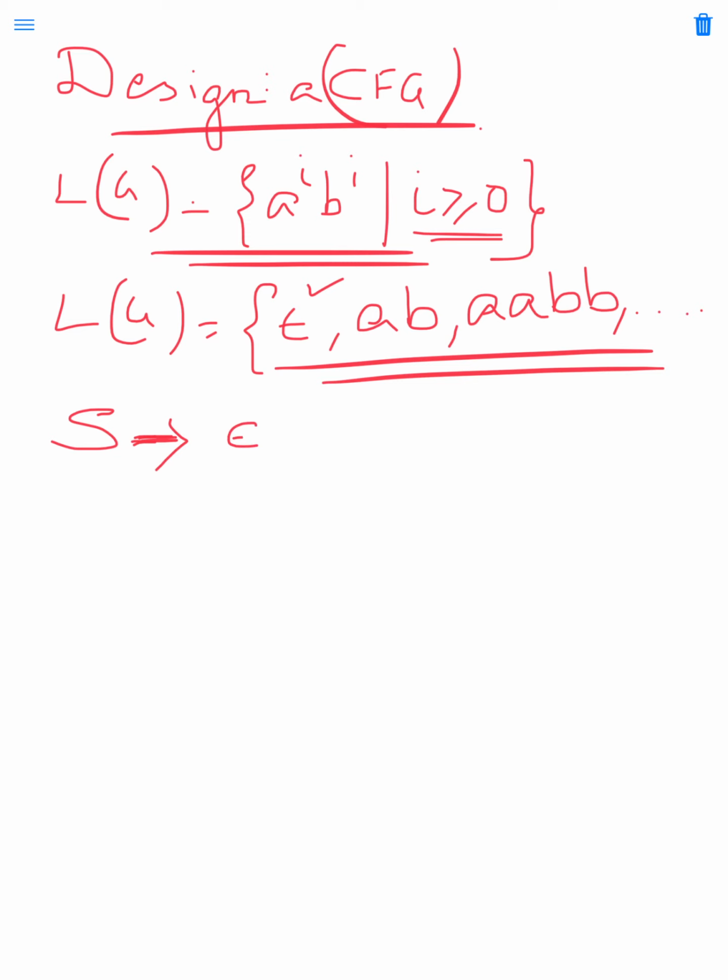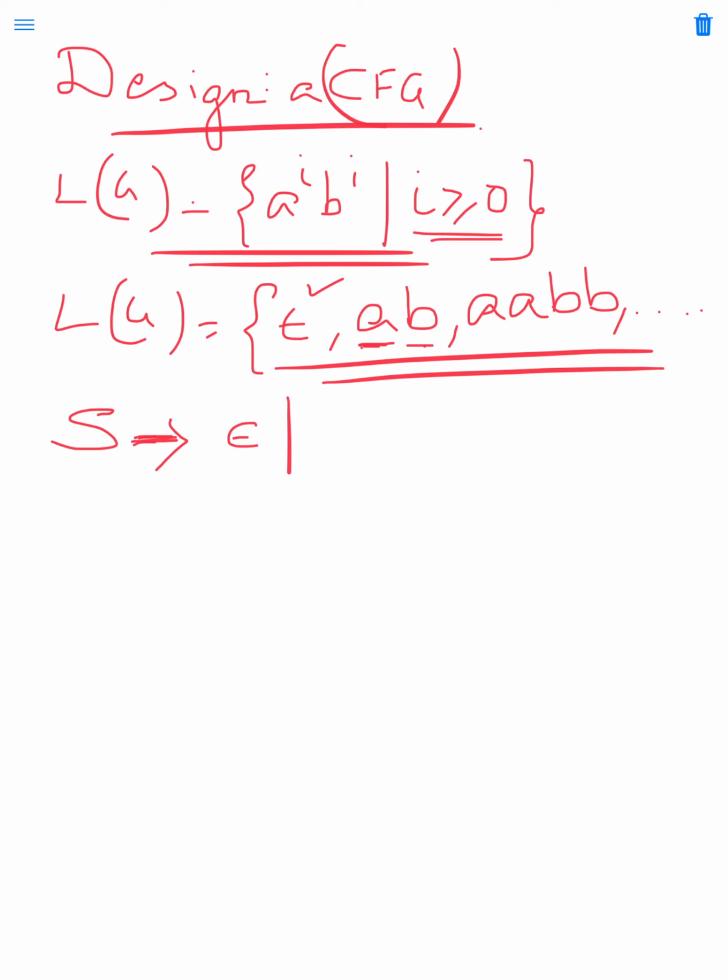So epsilon will be one of the productions of S. And then the terminals will be the elements that are forming the string. So A and B will be considered to be the terminals.